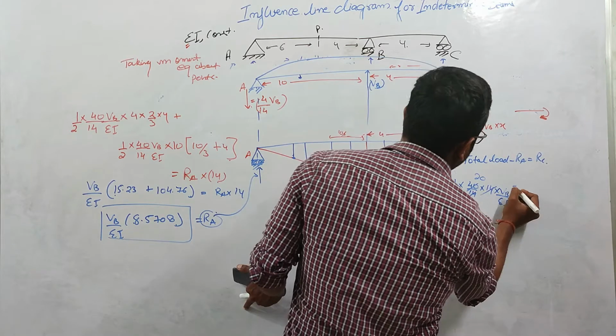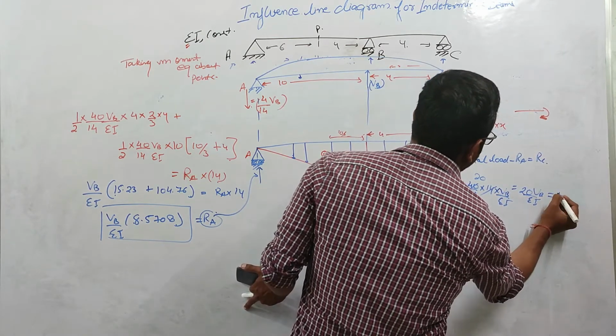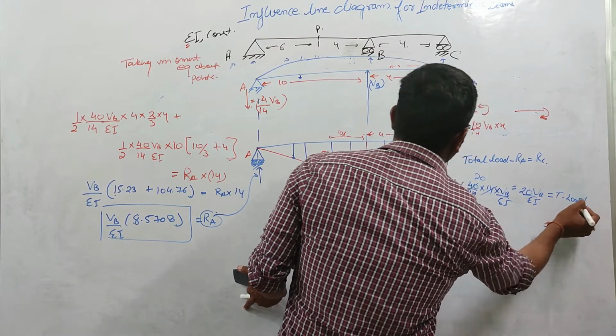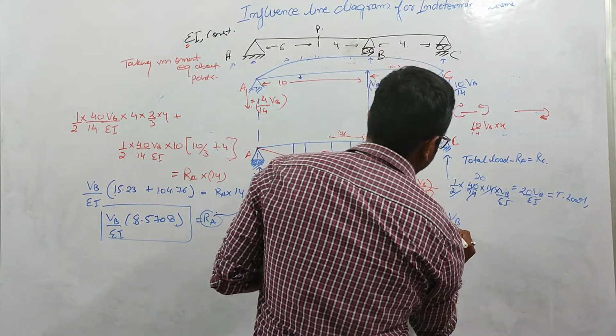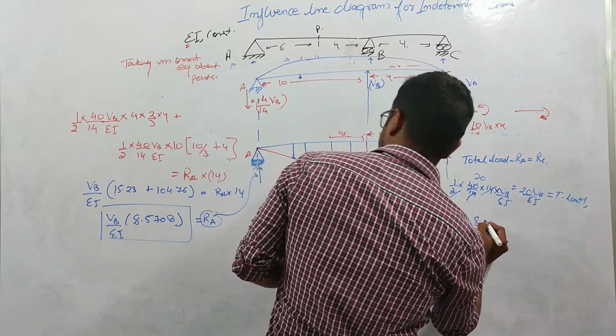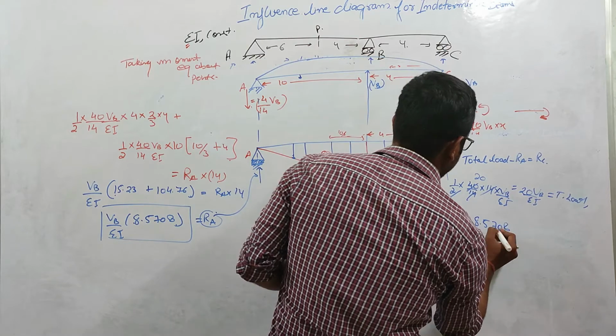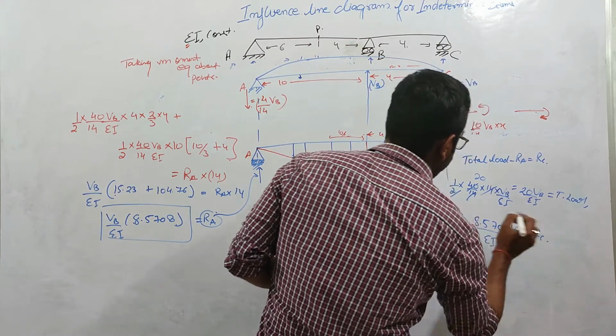So it is nothing but 20 VB over EI, which is equal to the total load. So 20 VB over EI minus 8.5708 over EI into VB equals RC.